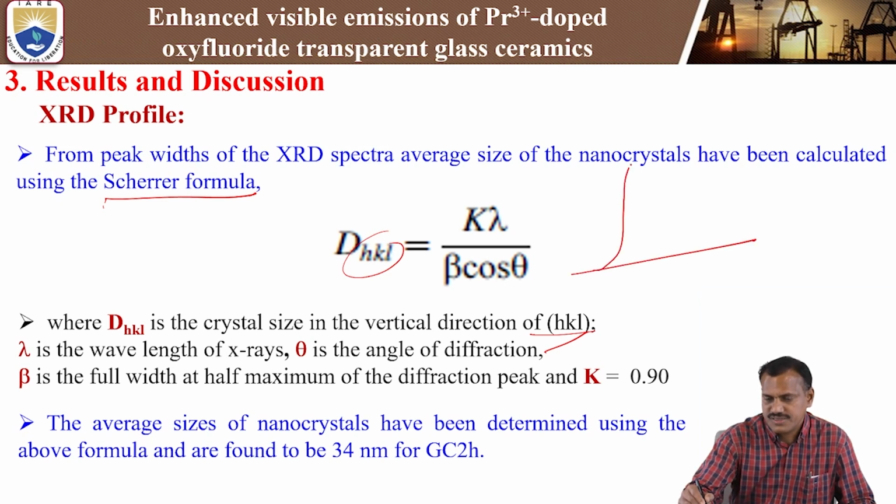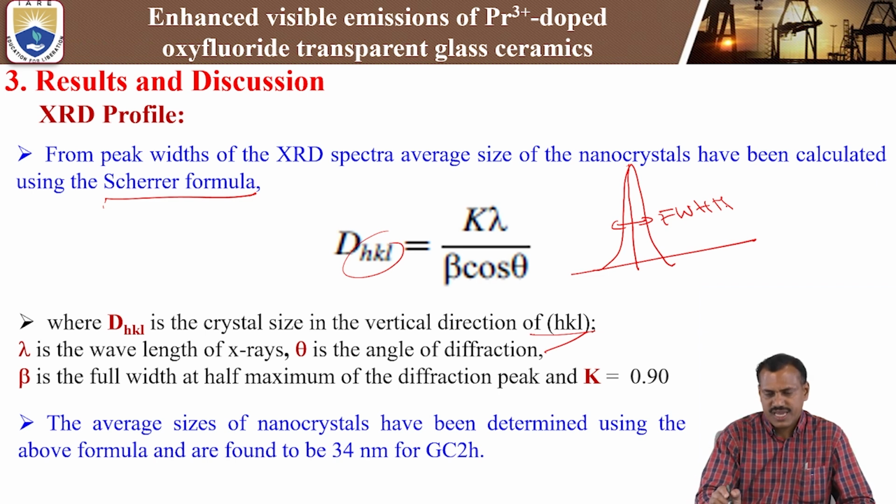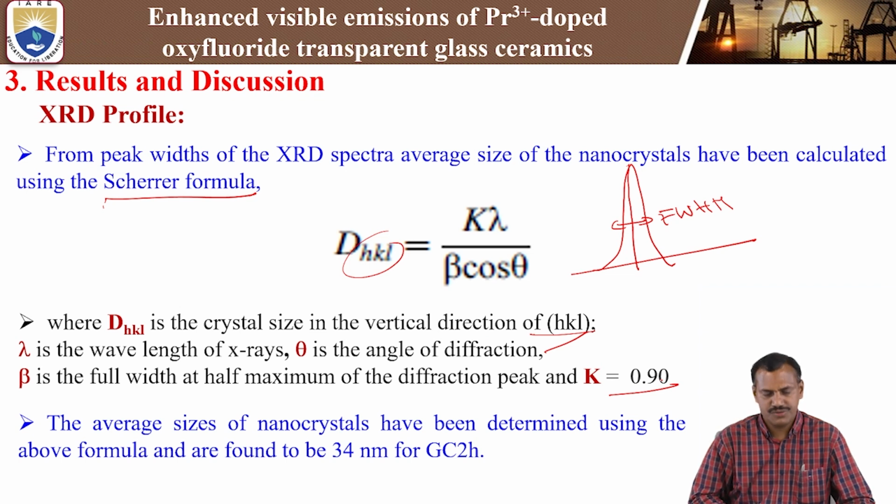Suppose this is the peak. In this peak, we need to take the width at half of the intensity. This is called the full width at half maximum. By using this, we calculate beta, the full width at half maximum of the diffraction peak. K is the constant value 0.90, and this is the copper K alpha value.